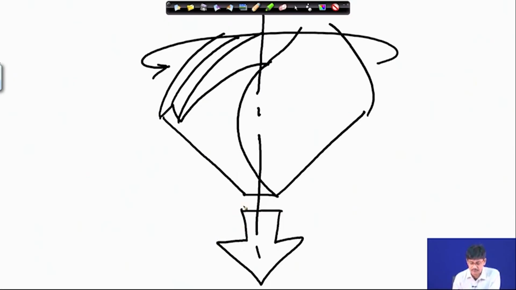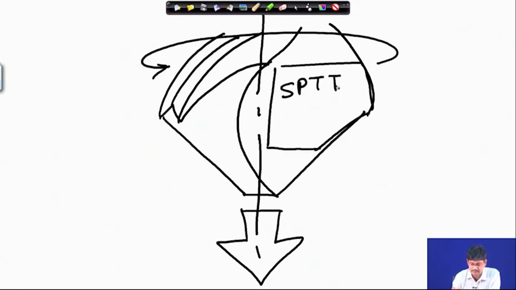So, if the drill is proceeding this way, how does it compare with the single point turning tool? The single point turning tool can be placed this way. This is it. Single point turning tool moving this way, this is the feed direction. Now, you might say that there are two such cutting lips.